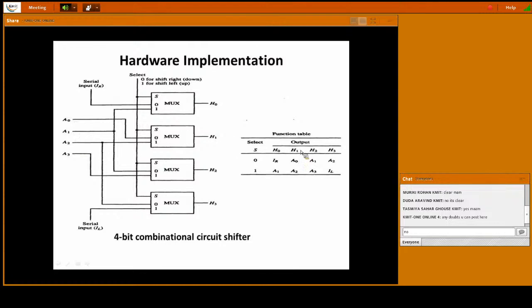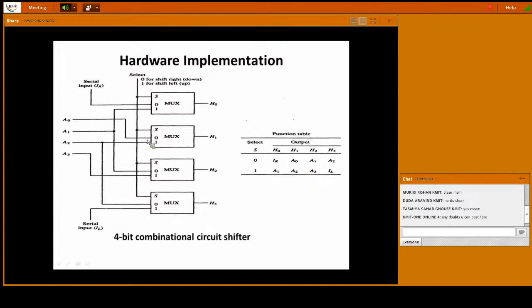In the same way, you are getting H1 as output from the next multiplexer. The two input lines to be connected to this multiplexer are A0 and A2.